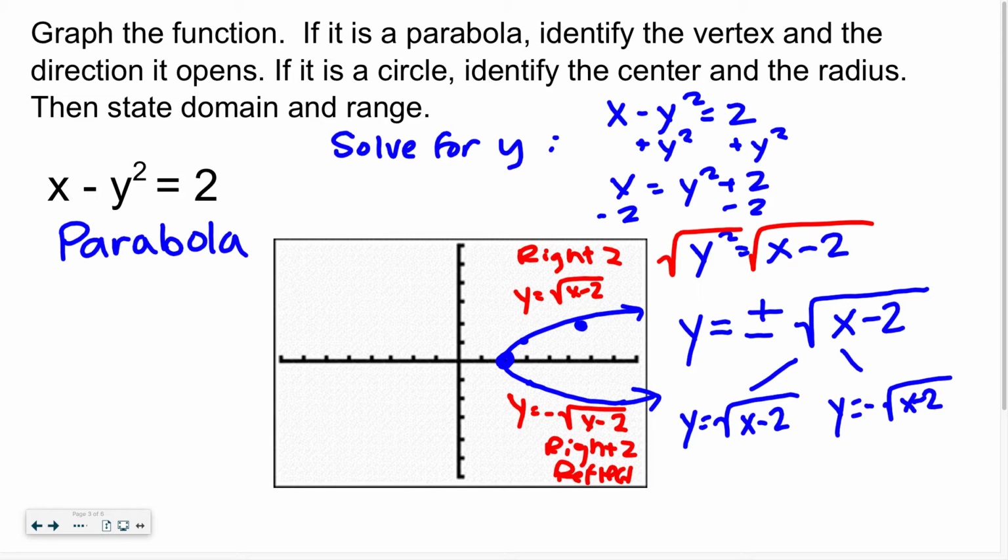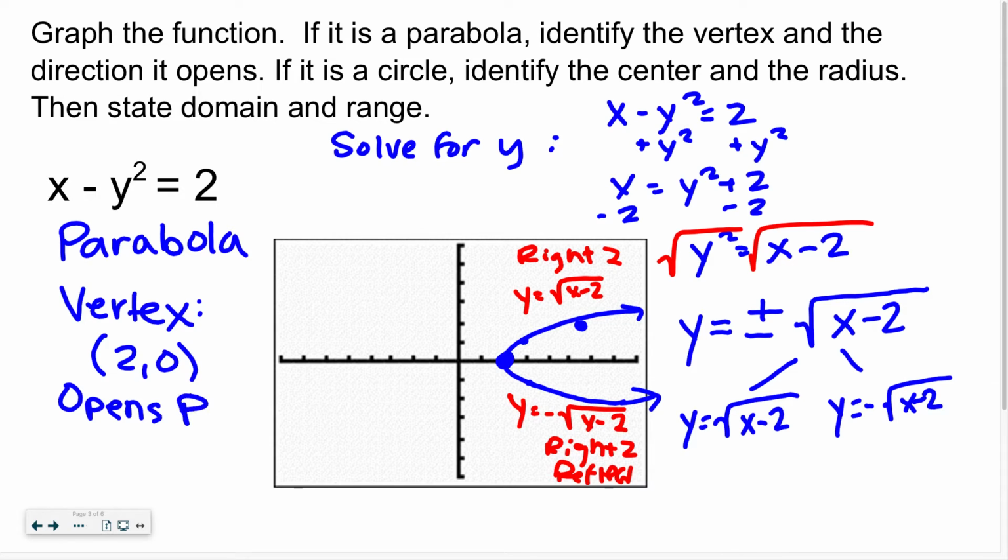Okay. What's the vertex of that parabola? 2, 0. What direction does it open? Opens to the right.